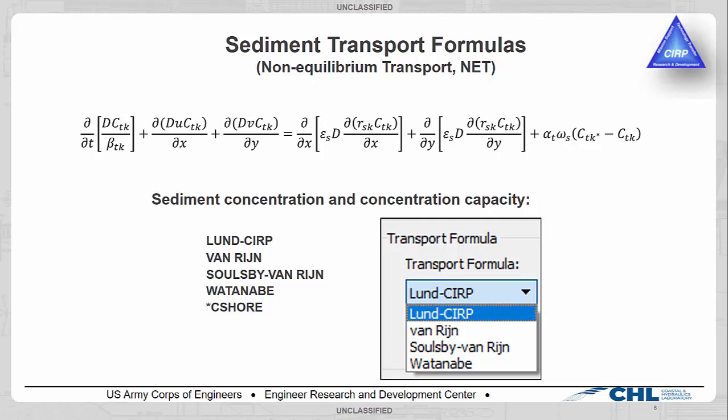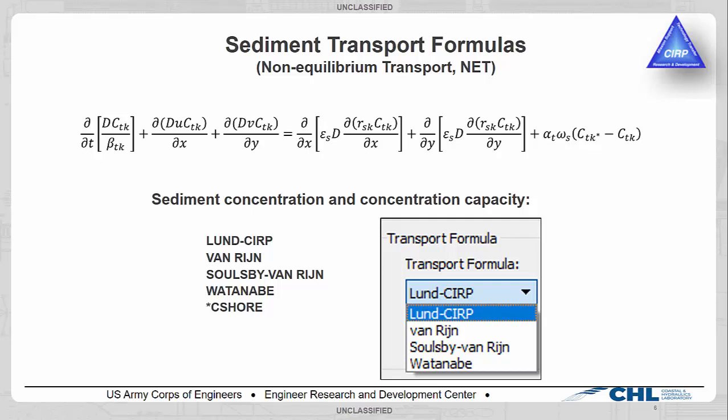Those transport formulas are a very important parameter selection during model simulation. When you set up a model simulation, it is a very important step to check different formulas for getting your model simulation result.